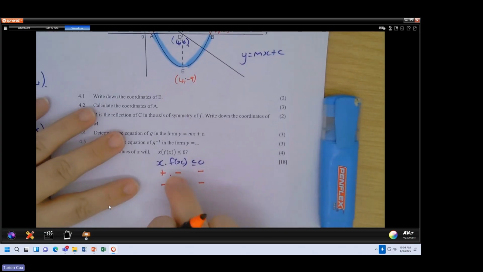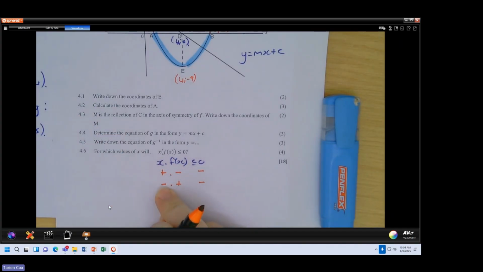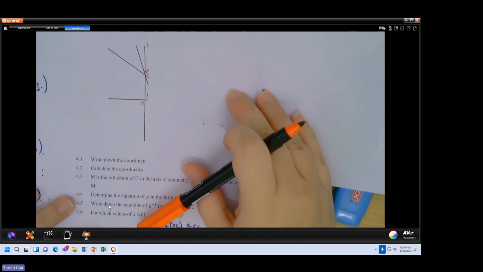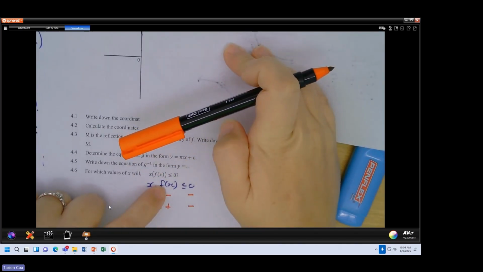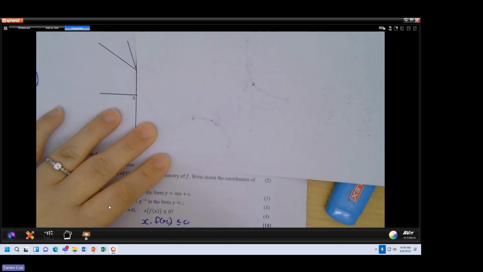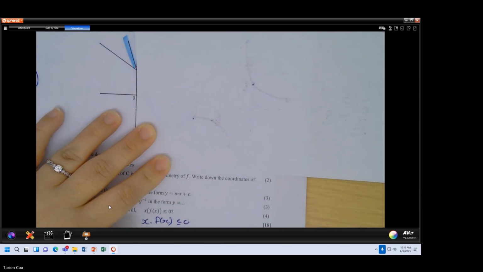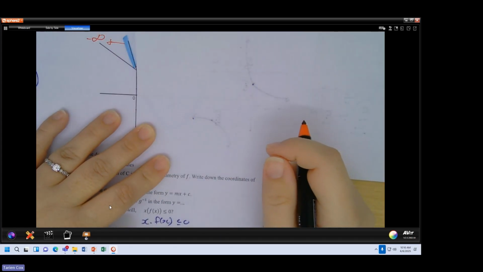Then we still need to look at the second condition, right? So where I say x must be negative, now I'm going to close off the positive side of my x-axis. And then they are asking that your y values must be positive. So my parabola is here. My y values are positive, and it's going all the way to negative infinity, right?